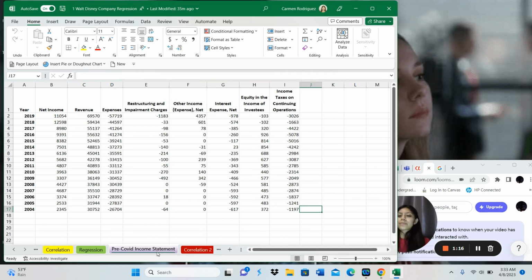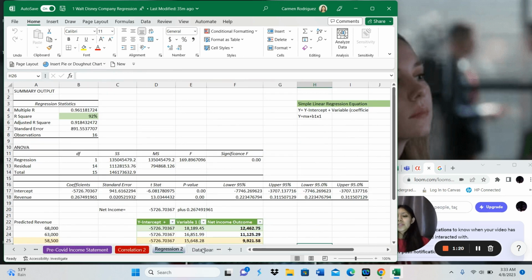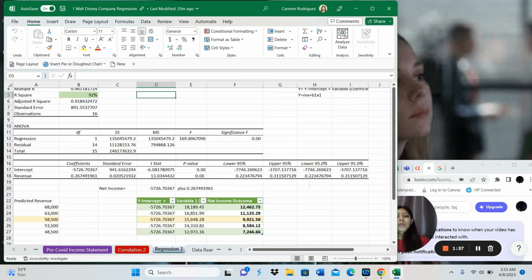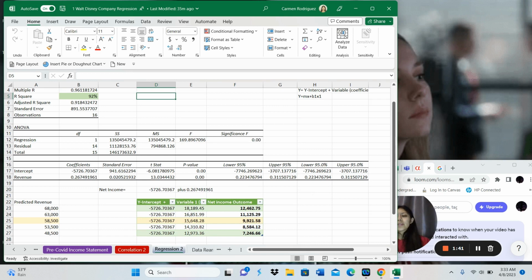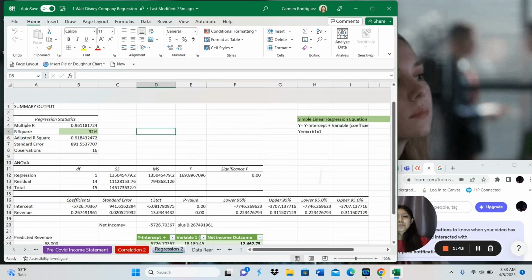Now, here, once we performed our regression analysis for our pre-COVID income statement, we find that our R-square has a high percentage, which means that this model is reliable when we compare how our outcome for our net income is affected by our revenue.